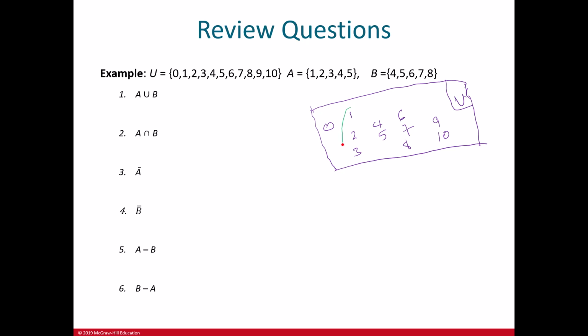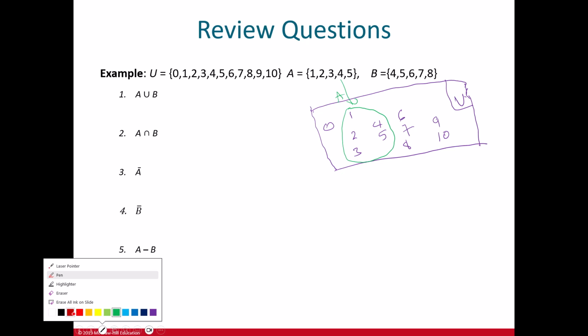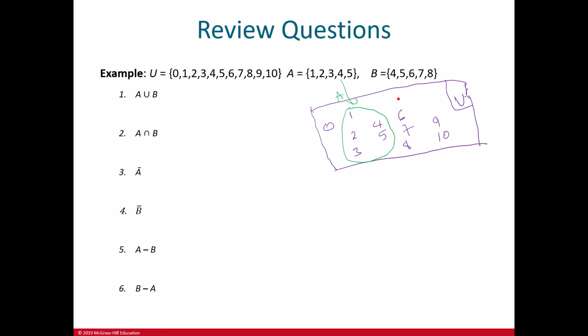Let me just demarcate this area. So this is A, and we also have another set, B. It has 4, 5, 6, 7, 8. So this part here is B.